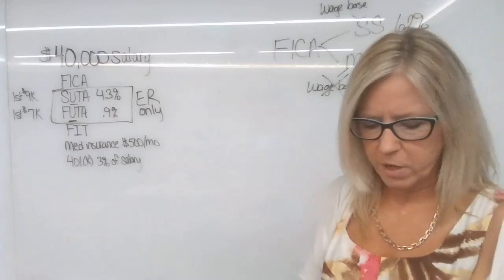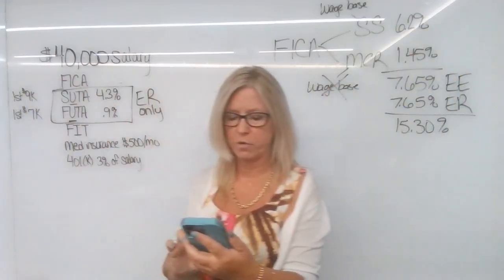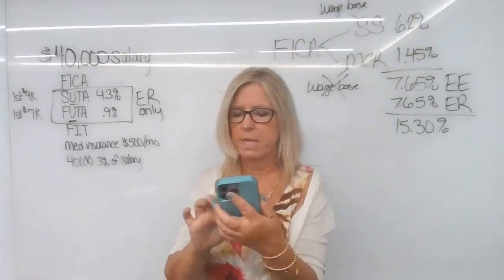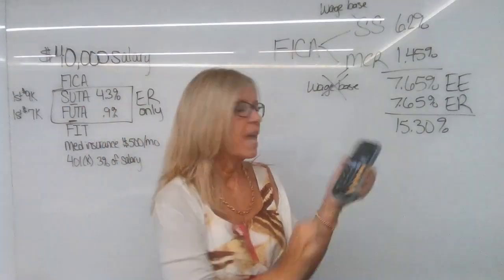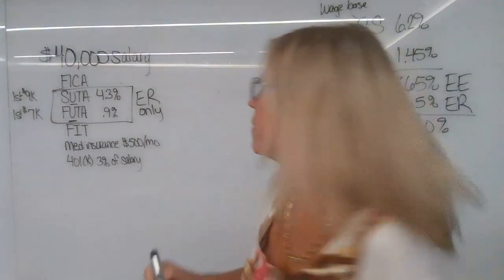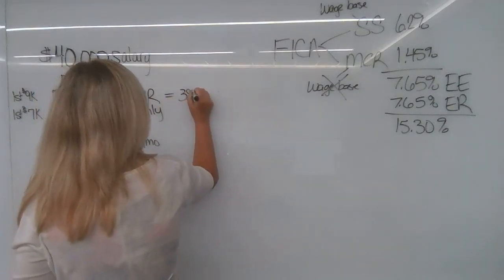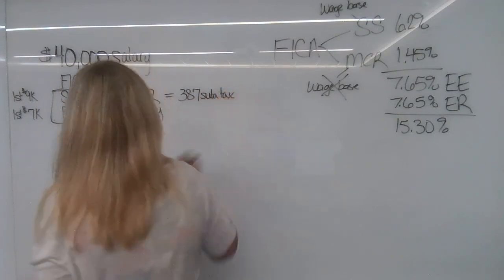So you would take your calculator and take the rate that I give you, and again, I'm going to remind you that it's the first $9,000, and I'm going to go $9,000 times whatever this rate is, so 0.043, and that would be $387. So I'm going to go ahead and write that out here right now. $387 SUTA tax that UT Tyler would be having to pay in.